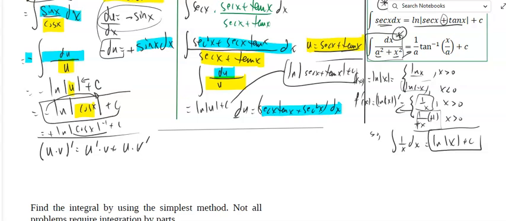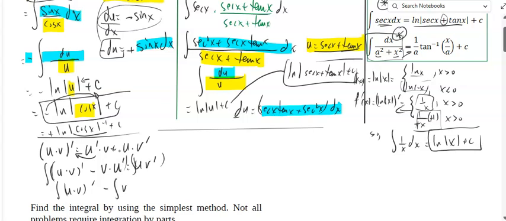So if I move that to the left, if I integrate, the integral here would become the integral of u times v prime minus the integral of v times u prime equal the integral of uv prime.